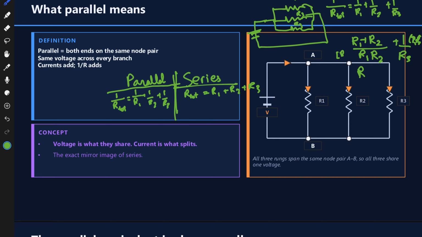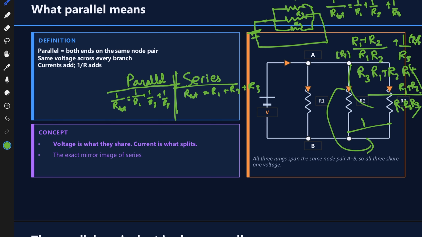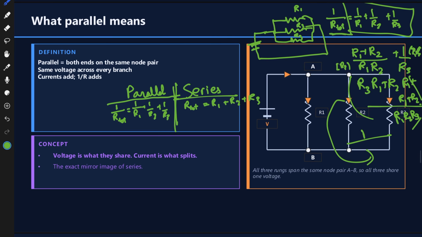You get R3 R1 plus R3 R2, plus this here, which is R1 plus R2, all over R1 R2 R3. Okay, and then you do 1 over this entire thing. Why is that? Because 1 over R total is equal to this business here, right? So you have to naturally flip it over. You have to invert it to get R total.